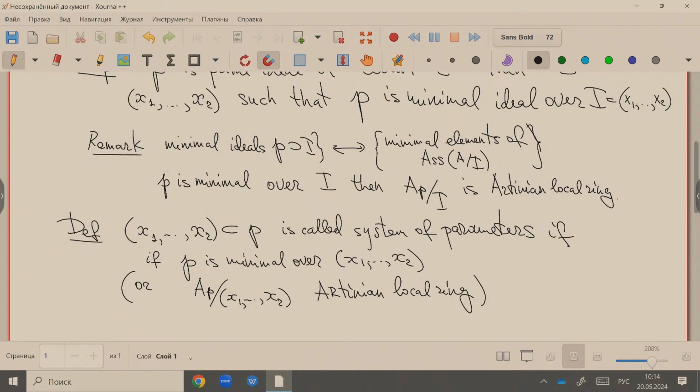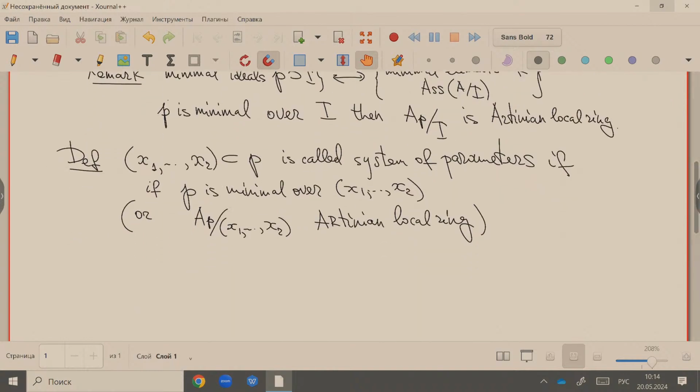So in a sense, what are Artinian local rings geometrically? This is some kind of geometric interpretation.